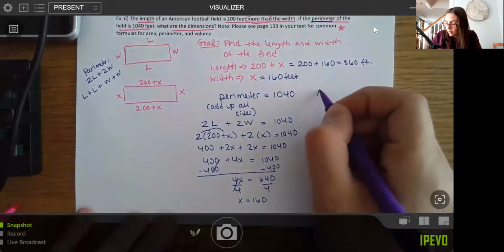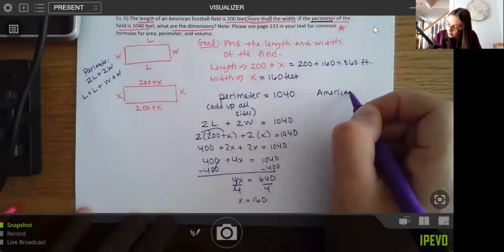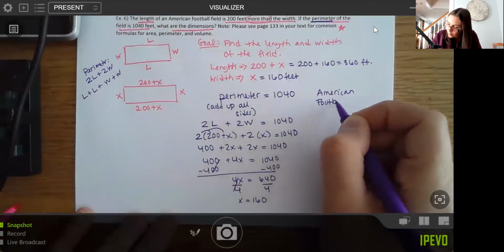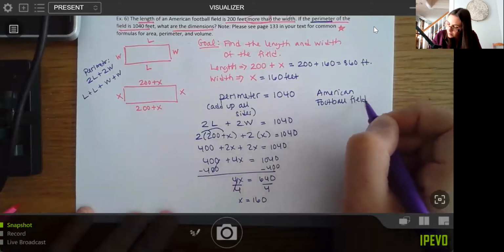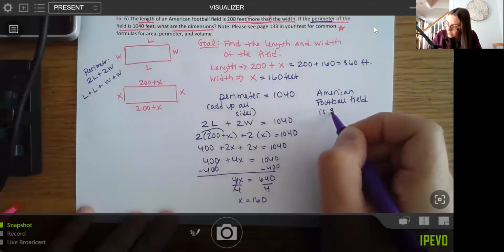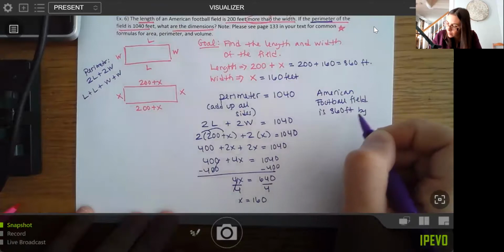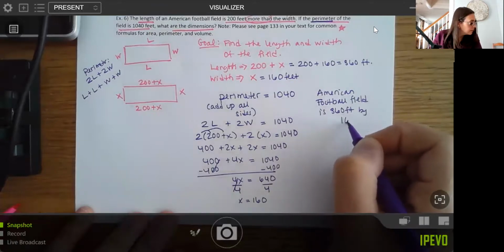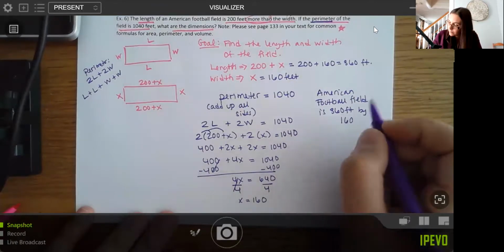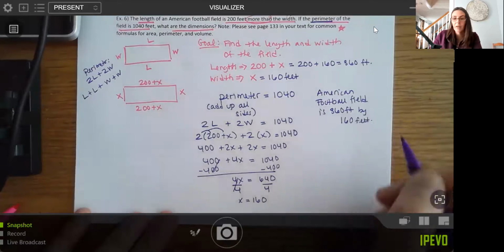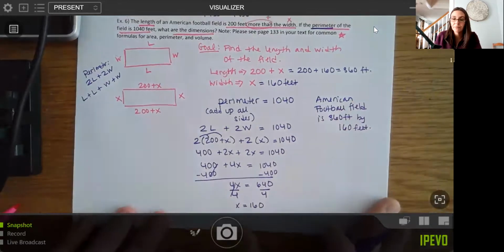So an American football field is 360 feet by 160 feet. So we have our length and we have our width.